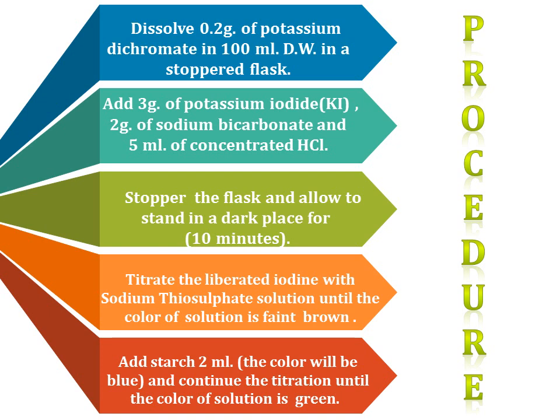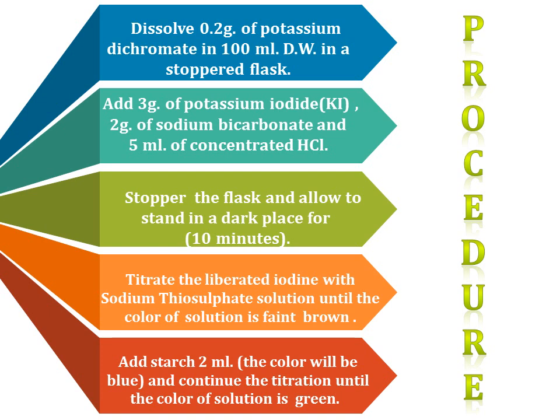Stopper the flask and allow to stand in a dark place for 10 minutes. Titrate the liberated iodine with sodium thiosulfate solution until the color of solution is faint brown.